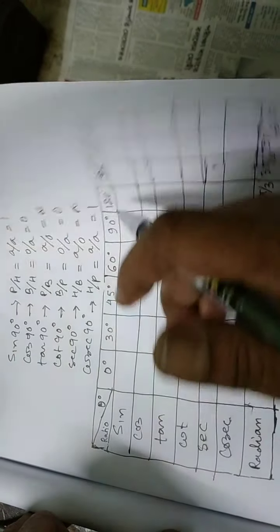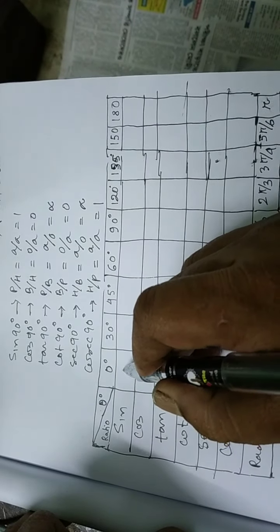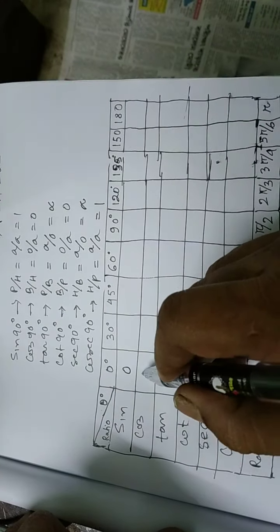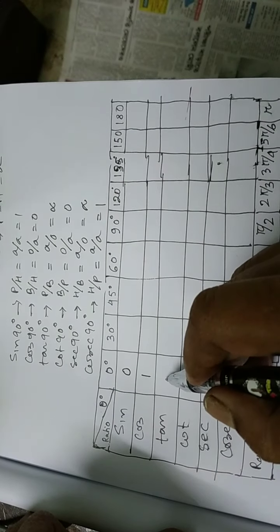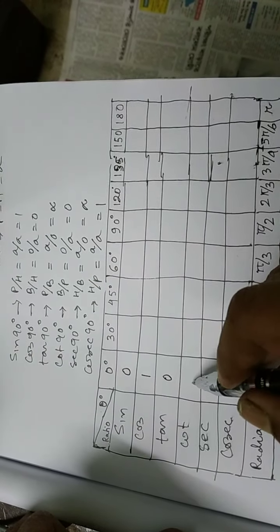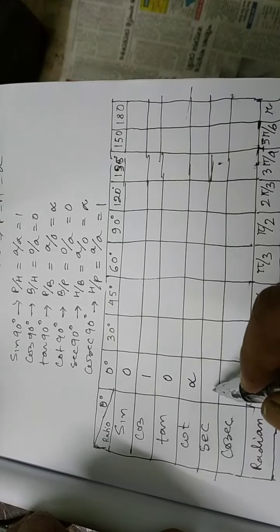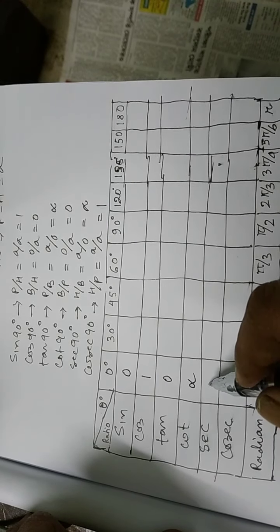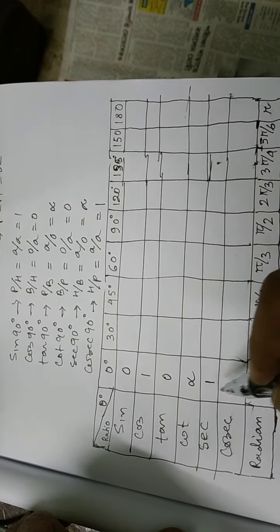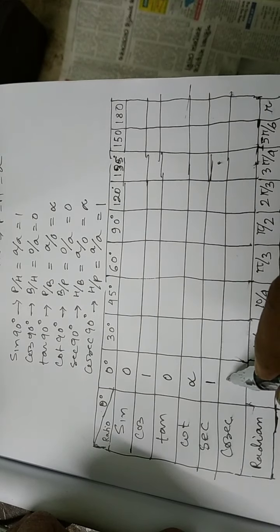confused. Now sin 0 is 0, cos 0 is 1, tan 0 is 0, cot 0 is undefined, sec 0 is 1, cosec 0 is undefined.